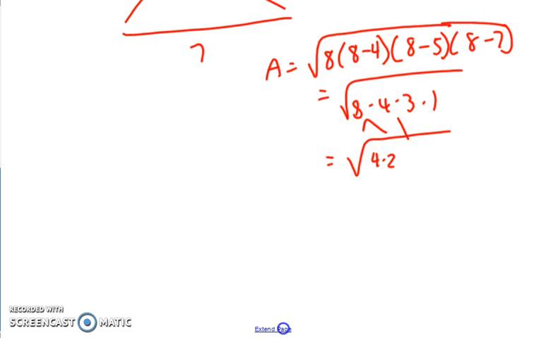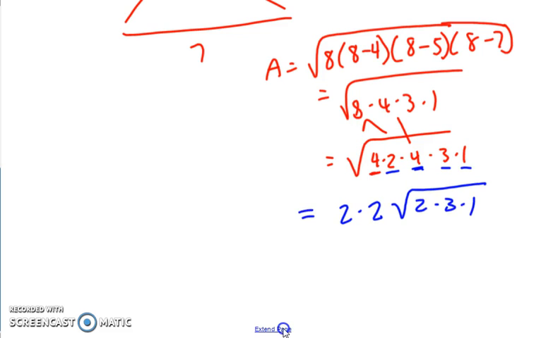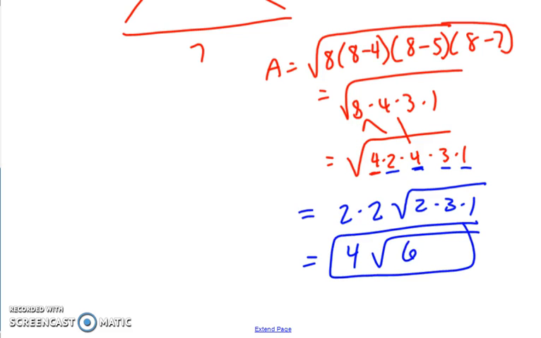And then I also have this times 4 times 3 times 1. Now why did I do that? Well, because I know the square root of 4 is the number 2. I know the square root of this 4 is another number 2. So both those can get pulled out front. And inside the radical, I have left over a 2, a 3, and a 1. 2 times 3 times 1. Giving me 4 times the square root of 6. So there's the area of that triangle.